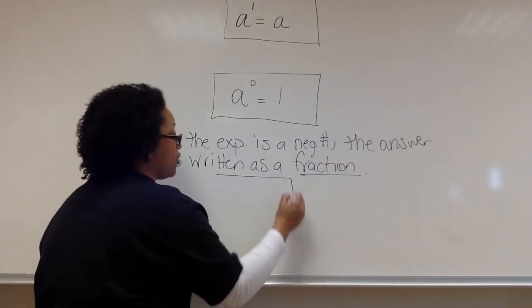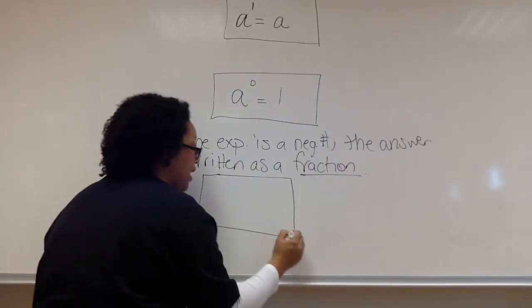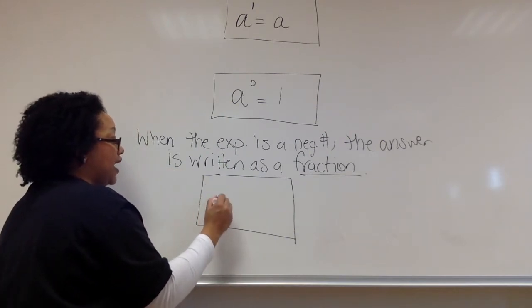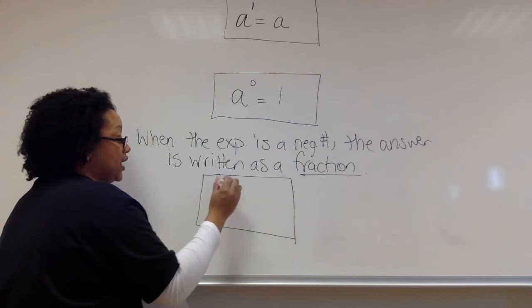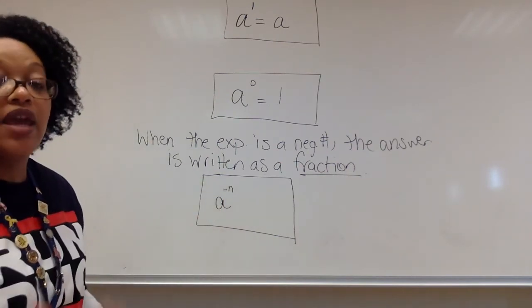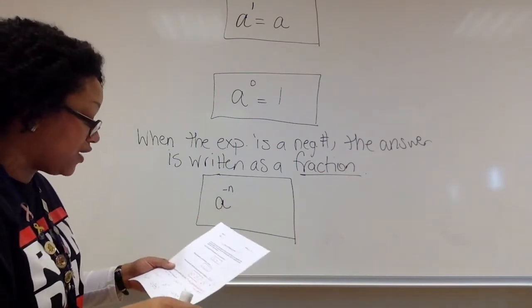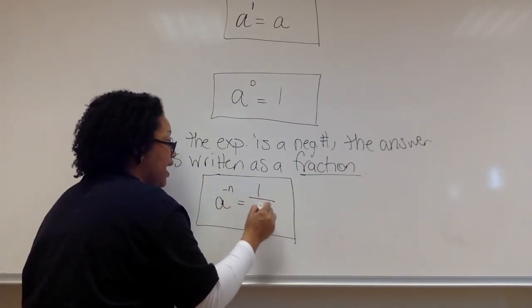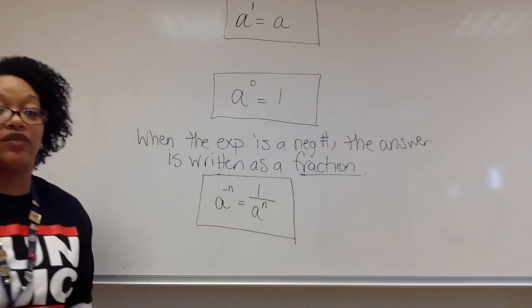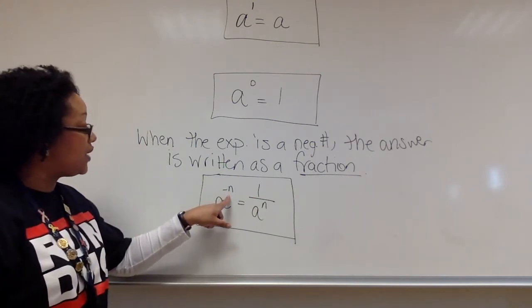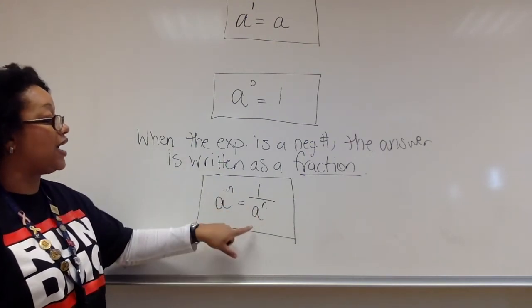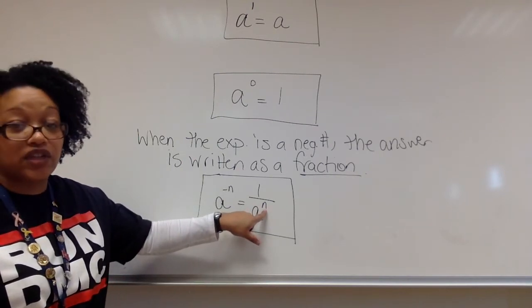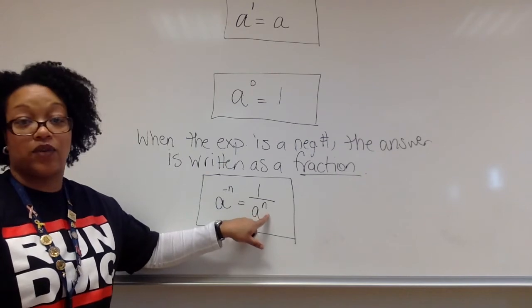You've got a box there. All right? So in the box, if I say that your exponent is a negative number, so that's a raised to the negative n, just a negative number. Anytime it's raised to the negative power, it's equal to 1 over a to the n. That's the fraction I'm talking about. Whenever you have a negative exponent, you have to write it this way. And notice that once you write it as a fraction, the negative sign goes away.